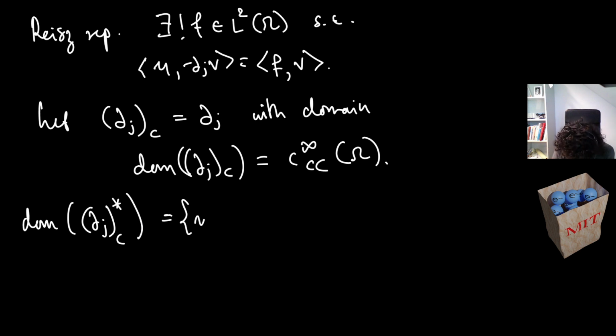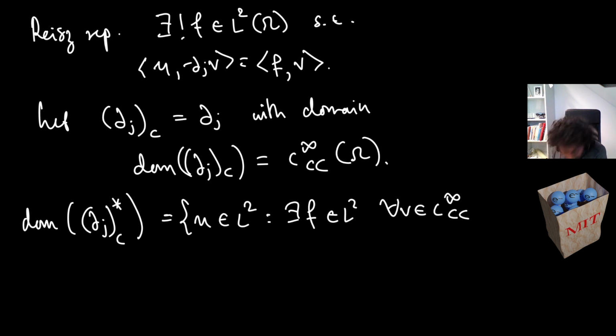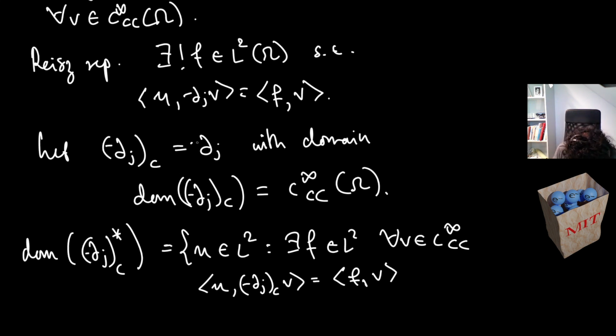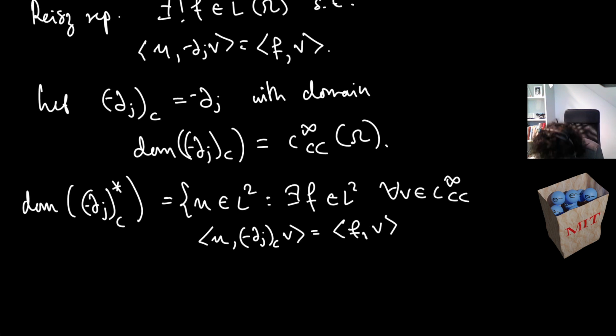So this is going to be all the U in L2 such that there exists an F in L2 such that for all V in C infinity CC we have that U negative partial J C V is equal to F V. I should maybe put the negative here; of course the negatives cancel, but just for completeness let me put it.